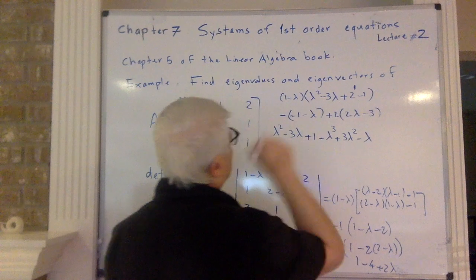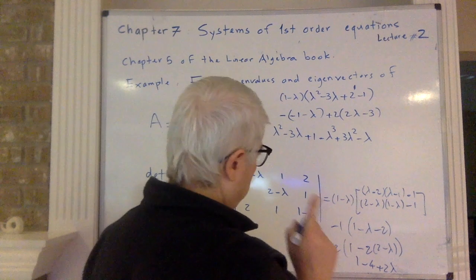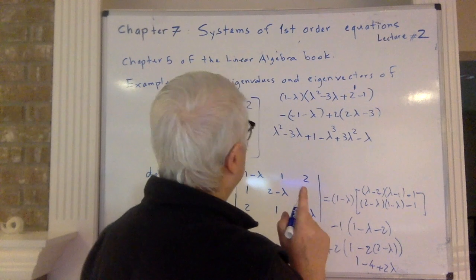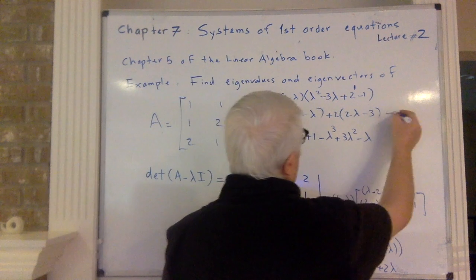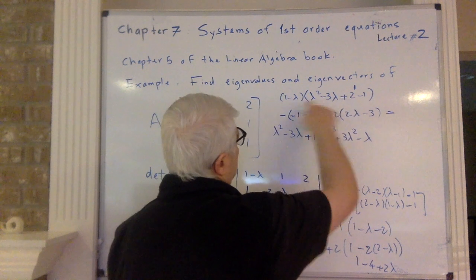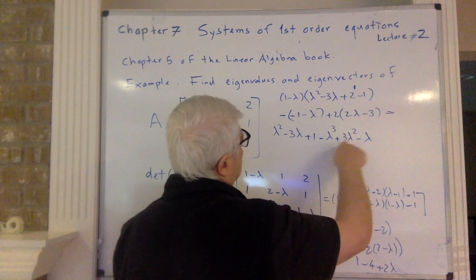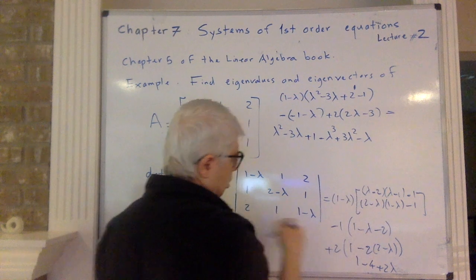Let me double check. Lambda squared, 3 lambda, 2 minus 1, that's 1. So this times this, lambda cubed, 3 lambda squared, lambda, then this times this, minus lambda cubed plus 3 lambda squared minus lambda. Okay, so that is this one.